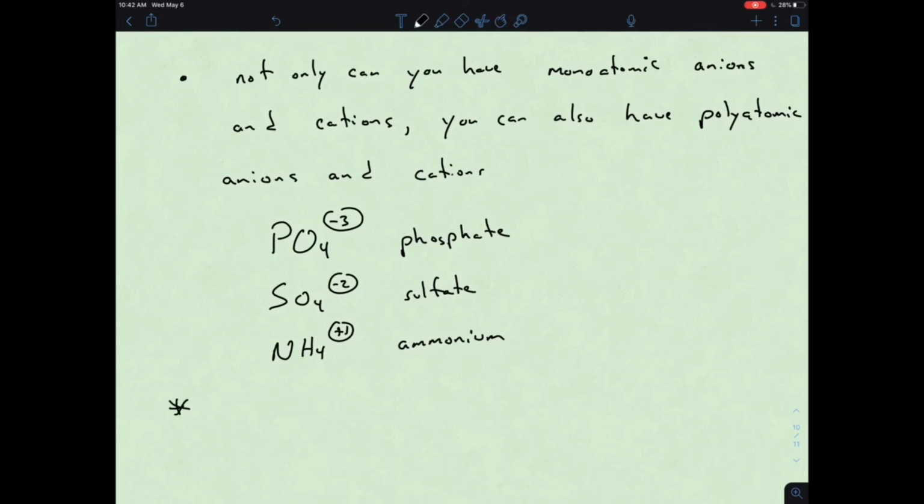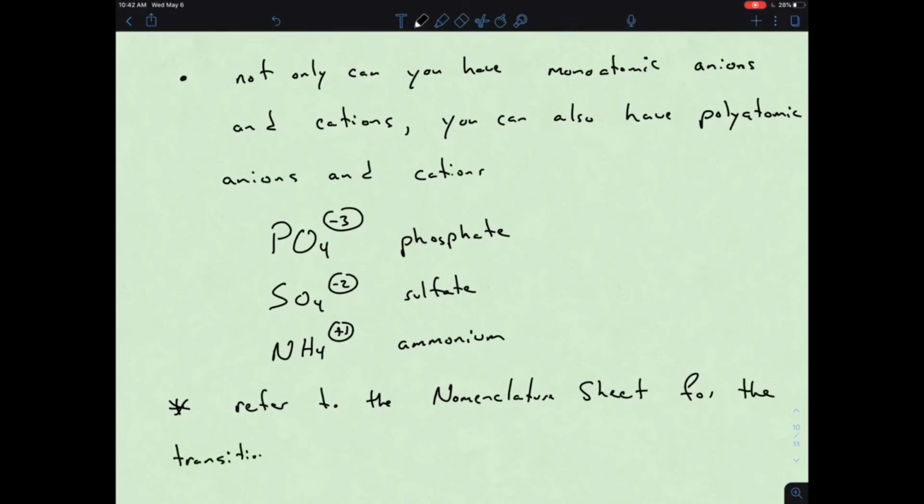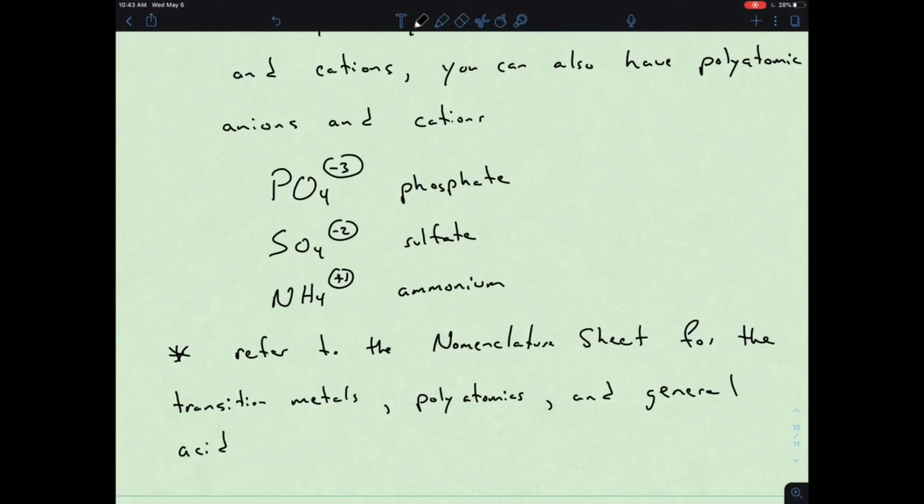So please refer to the nomenclature sheet for basically the transition metals, polyatomics, and general acids that you'll be tested on.